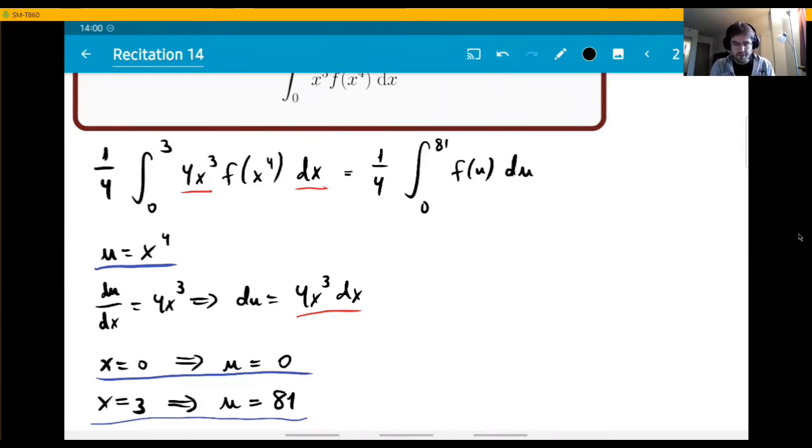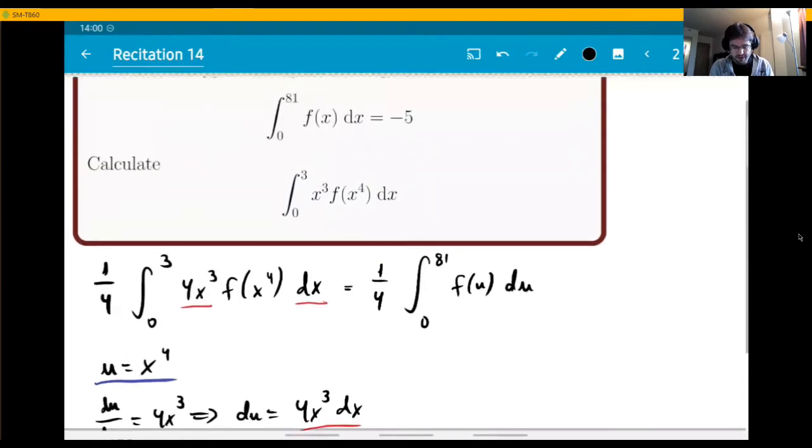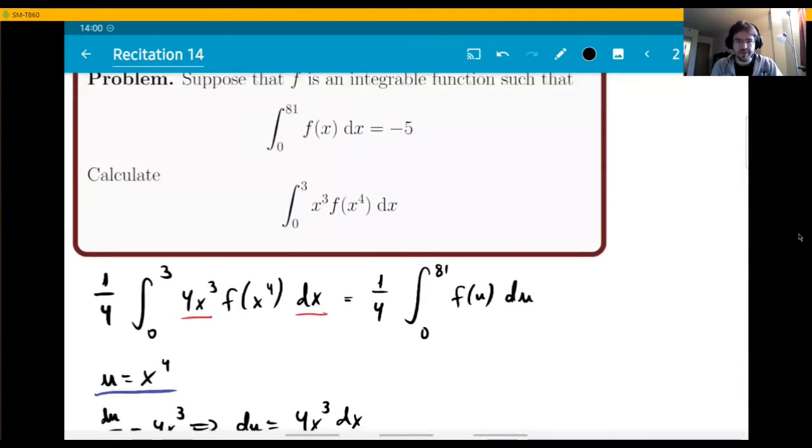And you go back to the problem. Initially, you might think, we actually don't know this integral. We know it in the x variable, not in the u variable, right? This is the thing that they gave us in the problem. The integral of f of x dx is minus 5. But of course, this is now the same as f of u du. Remember that it doesn't matter what kinds of substitutions you already did.